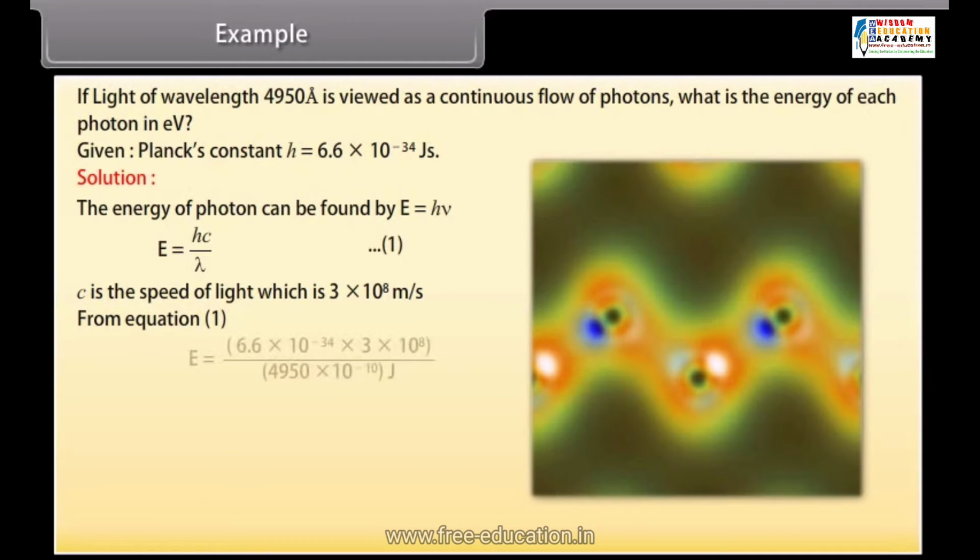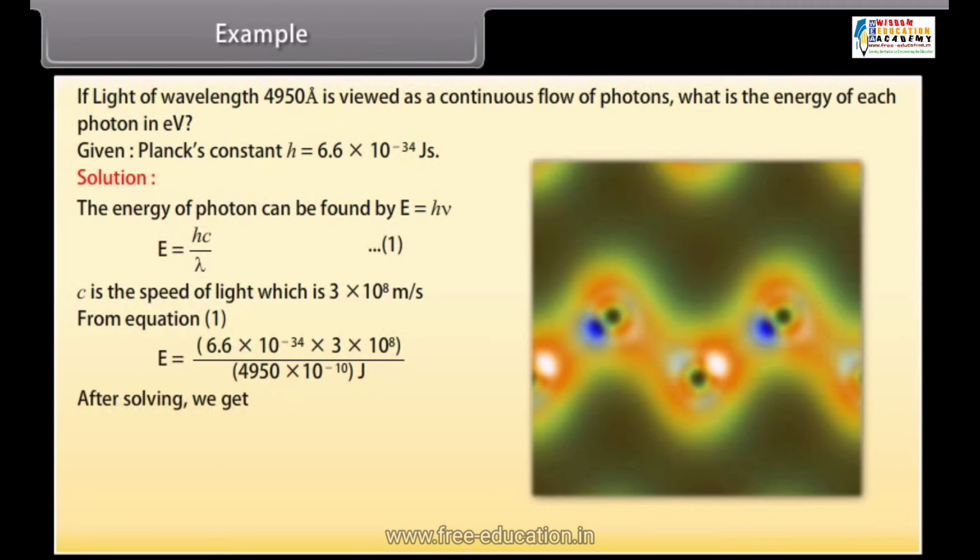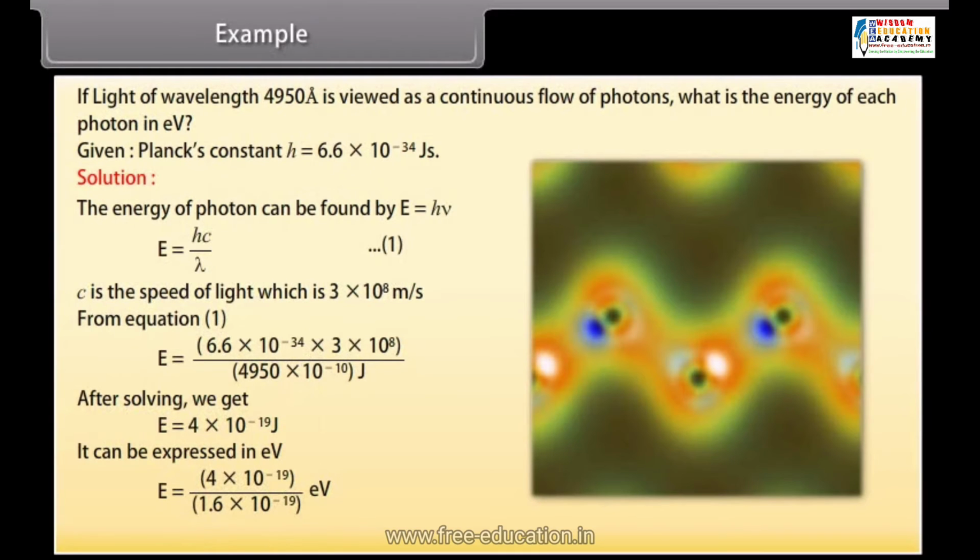From equation 1, E equals 6.6 × 10^-34 × 3 × 10^8 by 4950 × 10^-10 joule. After solving we get E as 4 × 10^-19 joule. It can be expressed in eV, E as 4 × 10^-19 by 1.6 × 10^-19 eV. E is equal to 2.5 eV.